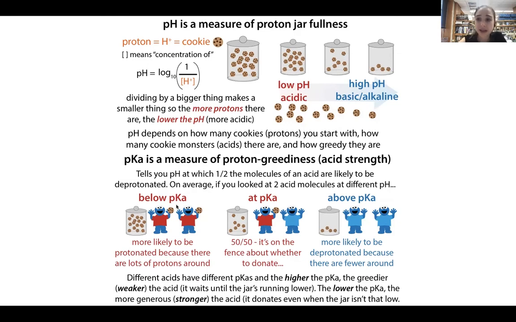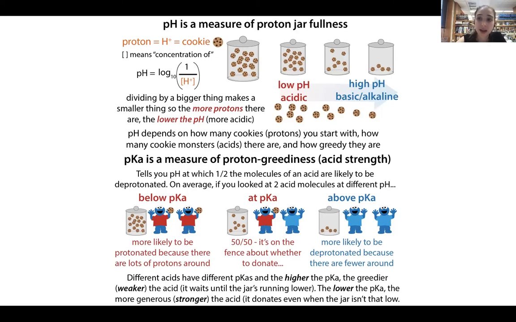And so basically, although we talked about the molecules as wanting it or whatever, it's really like if the molecule is able to find a proton, and it's more likely to be able to find a proton if you have a low pH, which means you have a full cookie jar, a lot of protons.